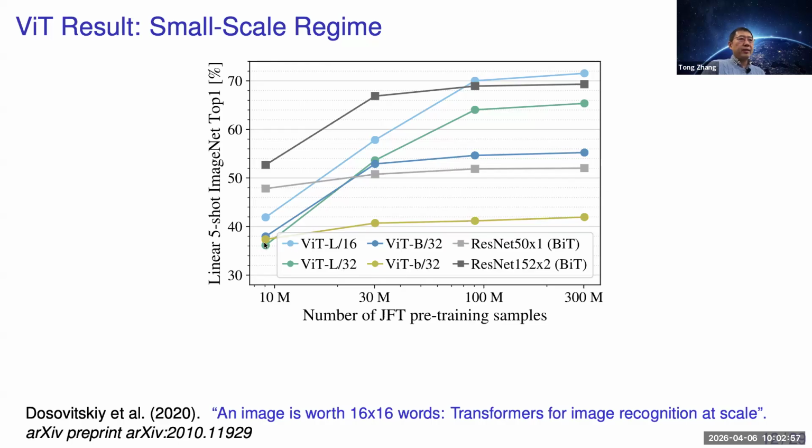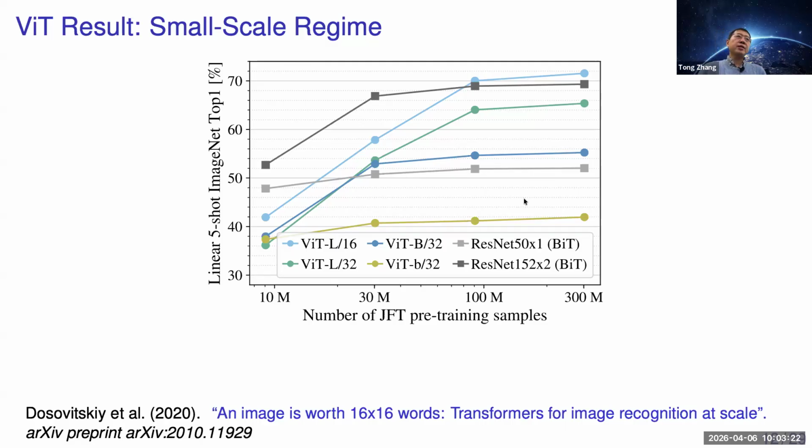The starting point of the ViT will be smaller, so even the smaller one is not beating this, but gradually they are more aggressive. When the ResNet plateaued, this one keeps improving.